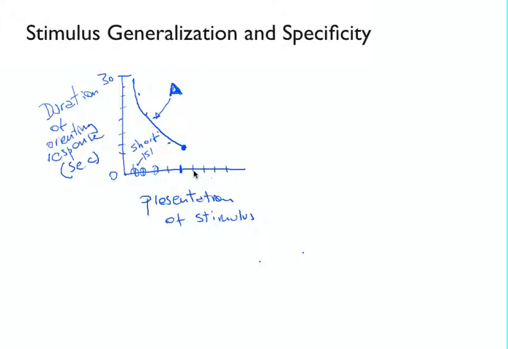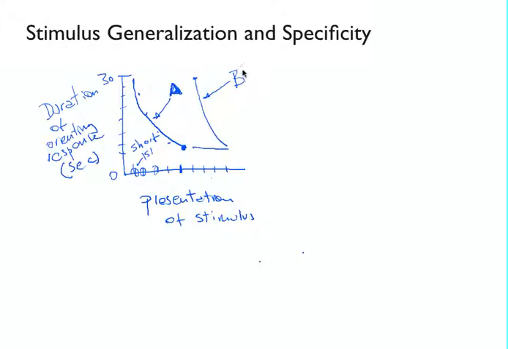And suppose that on this trial, instead of presenting stimulus A, we present stimulus B. A different stimulus that by itself would have normally elicited an orienting response. What do we expect will happen? Well, one possibility is that we may see a full recovery of the response. The other possibility is that we don't see much of a recovery.